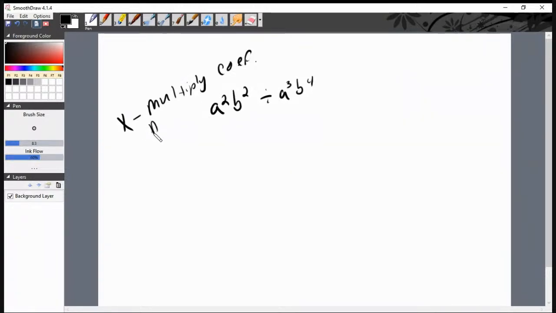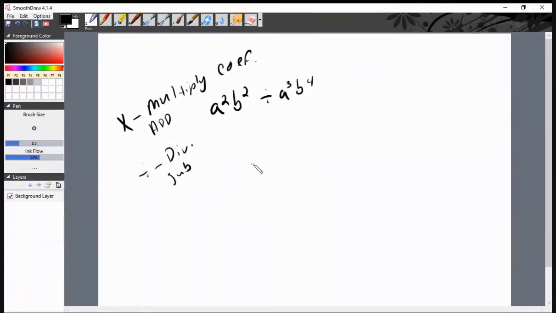And you're going to add the exponents. If you're dividing, you're going to divide the coefficients and you're going to subtract the exponents, right?